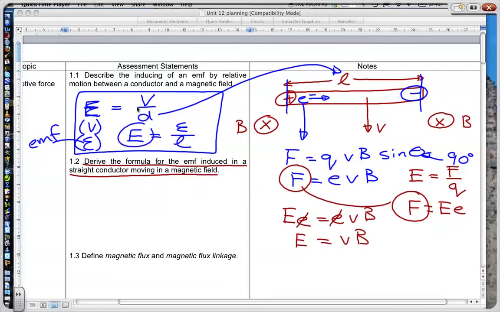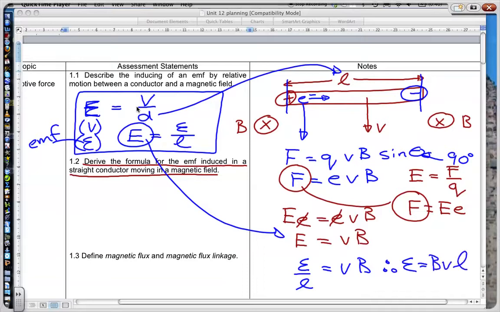So I'm going to replace that into this formula. So I'm going to get E over L is equal to VB, and I can cross multiply and rearrange. Therefore I'm going to get my EMF is equal to BVL.